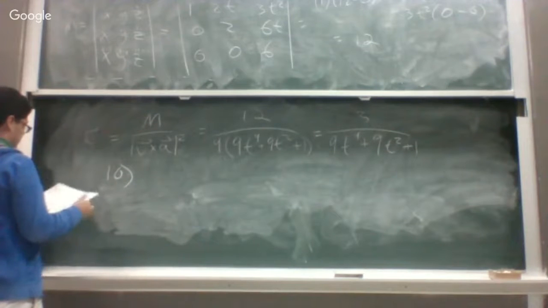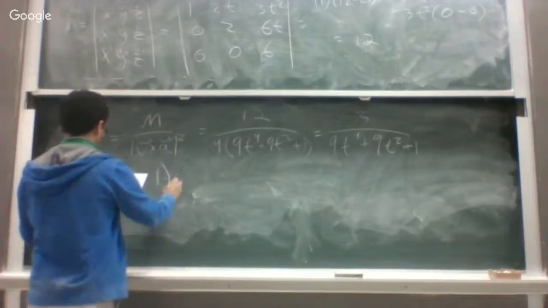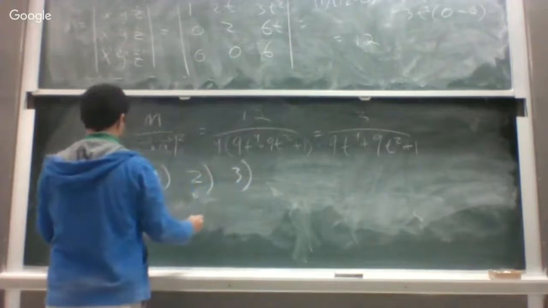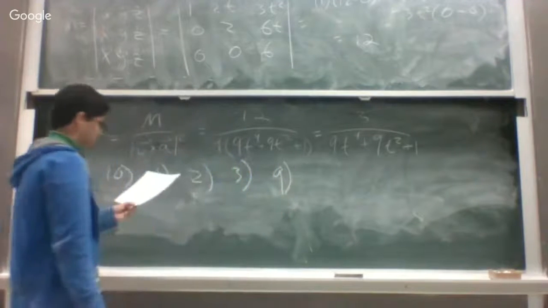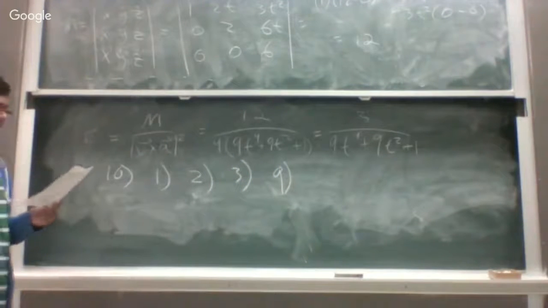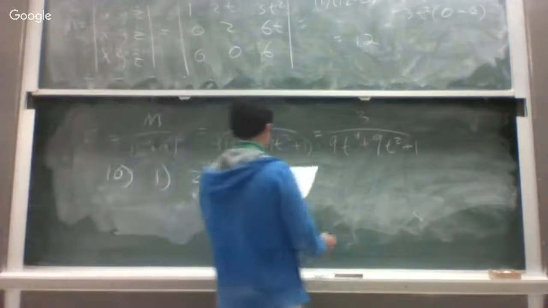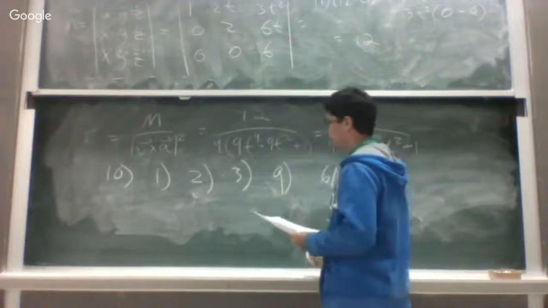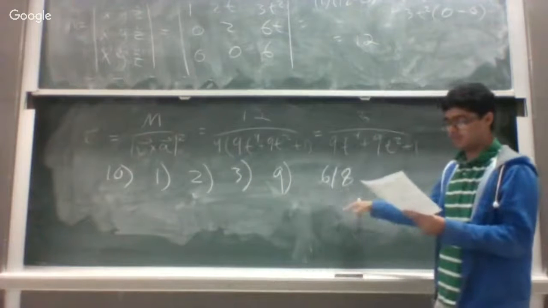10, 1, 2, 3, 9. And there's a chance that 8 could be on there, or a version of 6, like just one limit or something.